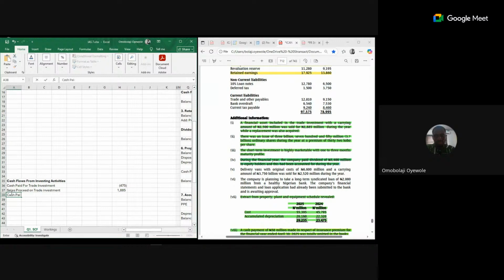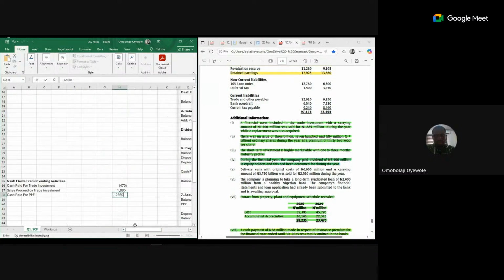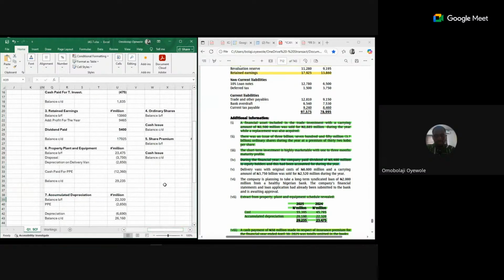Then sales proceeds on PPE. So let's go and determine the sales proceeds on PPE.